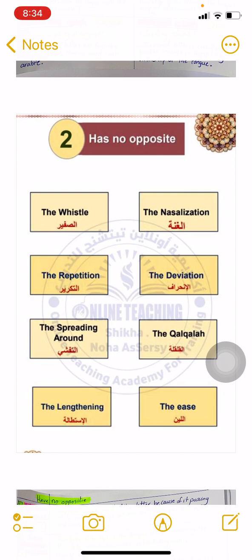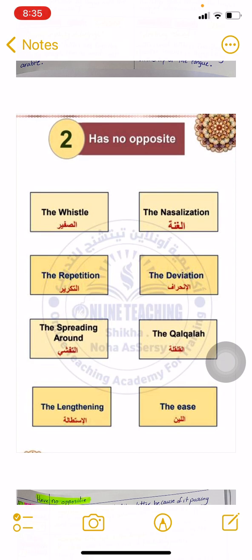Qalqala means that any one of these letters is sakin, and it's produced by collision of the two organs of articulation and then parting the organs without making vowels. It's like a vibration or an echo sound, and it has 3 types: كبرى, وسطى, and صغرى.